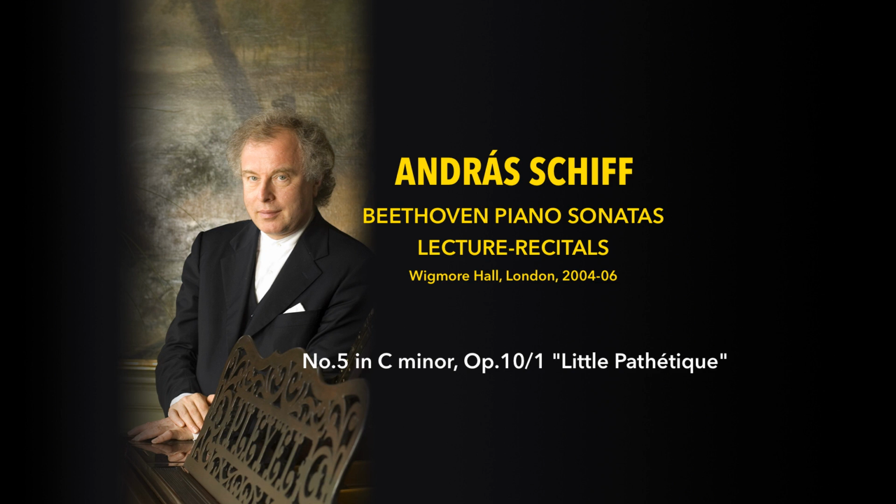These Opus 10 sonatas have been written almost immediately after the preceding ones. There is only a gap of 1 or 2 years in between. What has Beethoven done between Opus 7 or between Opus 2 and Opus 10? Not very much.